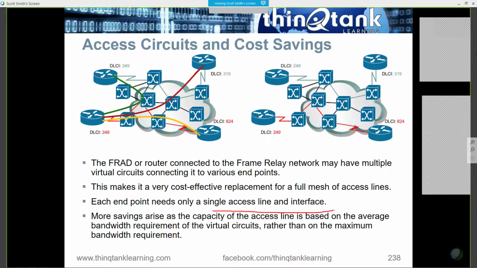All right? You could do it this way. You could say, okay, here's a router. Here's serial interface S0. Here's serial interface S1. Here's serial interface S2. And you can have these guys connected on the other side, and your PVC goes across.